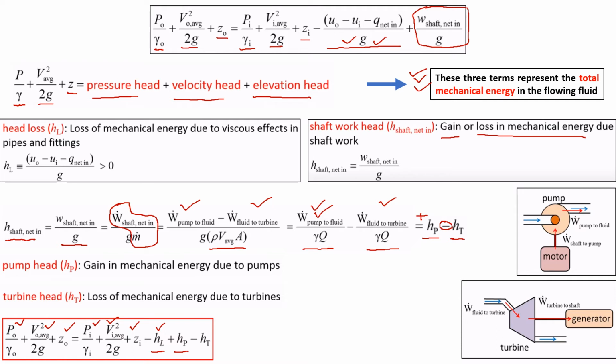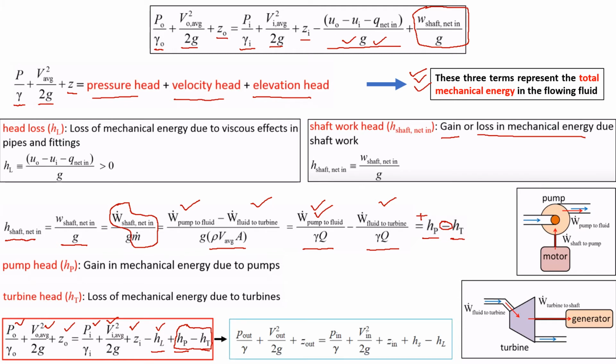If you are dealing with pumps, there will be a gain in mechanical energy, but if you are dealing with a turbine, there will be a loss in mechanical energy. So we need a single term, and we write this equation with a single term for HP minus HT. If you are dealing with pumps, this HS will be positive. If you are dealing with turbines, this HS will be negative.